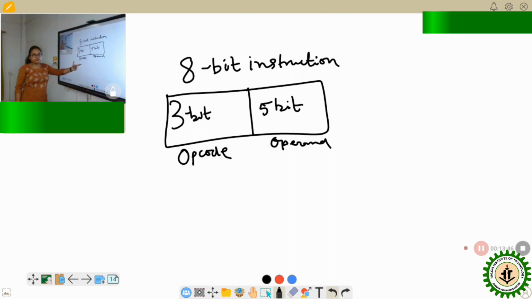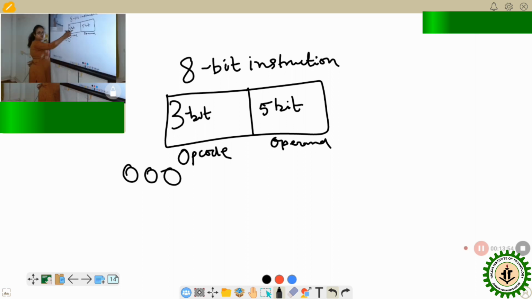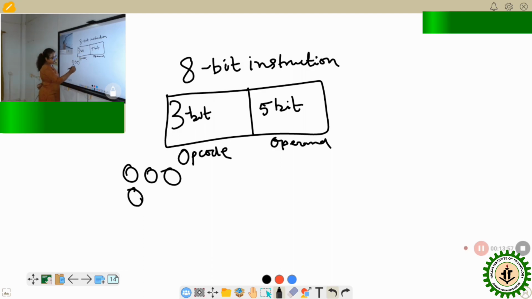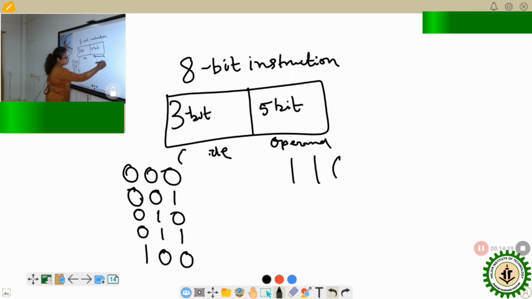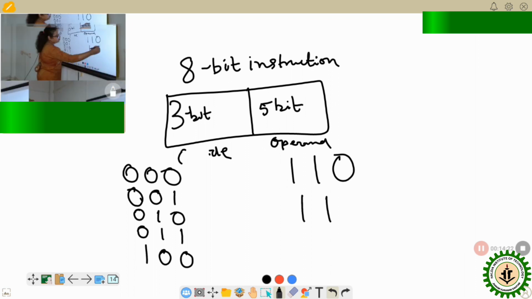So how many combinations can we have? For the 3-bit opcode we can have 000, 001, 010, 011, 100, 101, 110 and 111.